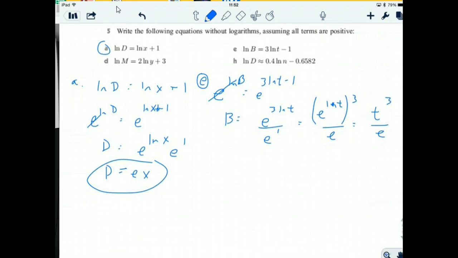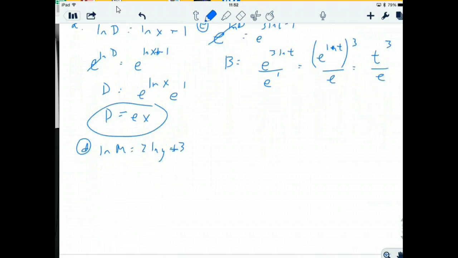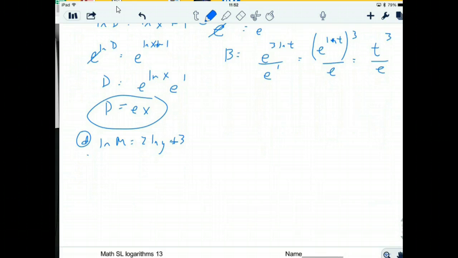Now we'll do D. Natural log of m is equal to 2 natural log of y plus 3. So we'll do e to the natural log of m is equal to e to the 2 natural log of y plus 3.